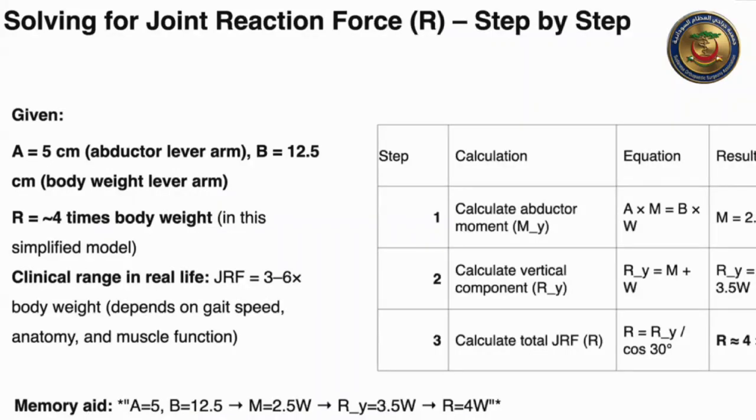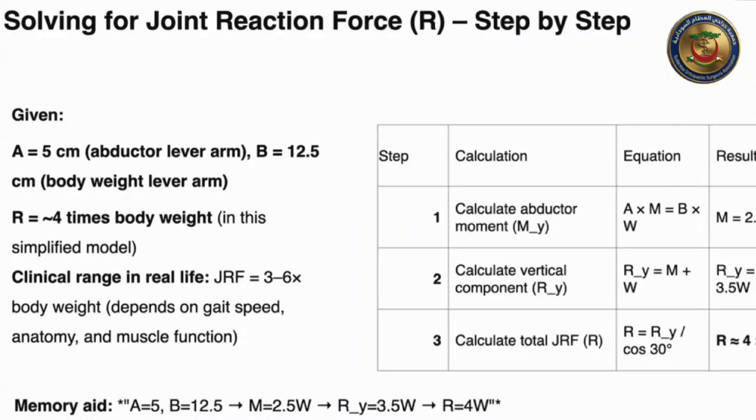To calculate the vertical component of the joint reaction force, R, it equals the summation of the vectors of M and W, the weight and the abductor's force. So the vertical component of the joint reaction force equals M, 2.5 body weight, plus 1 body weight, which equals 3.5 body weight.